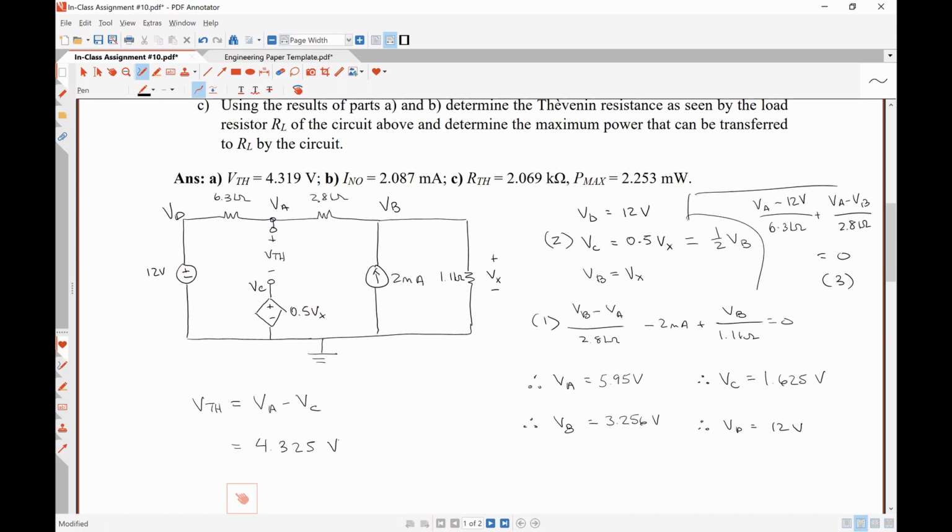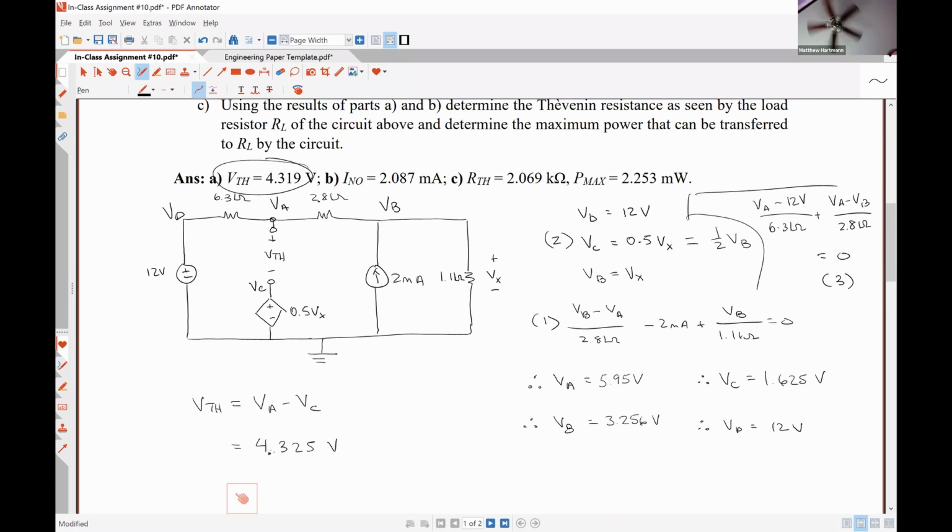There's some rounding error in there, but that's close enough for this guy. That's exactly what I got. Okay. All right, so I feel confident that we were able to solve for the Thevenin voltage. This one was maybe a little bit tricky.